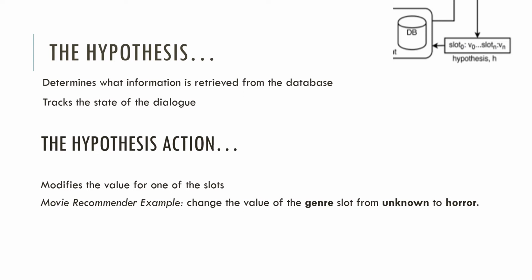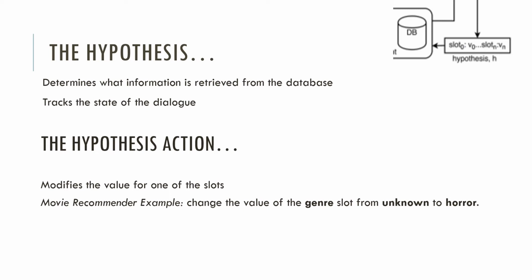So for example, slot number 0 could be what sort of entity the user is searching for, and the value could be a restaurant, or it could be a movie. So if it's a recommender, the second slot could be perhaps the genre of the movie or the kind of restaurant, and the values it takes will reflect more specifically what the user is looking for.